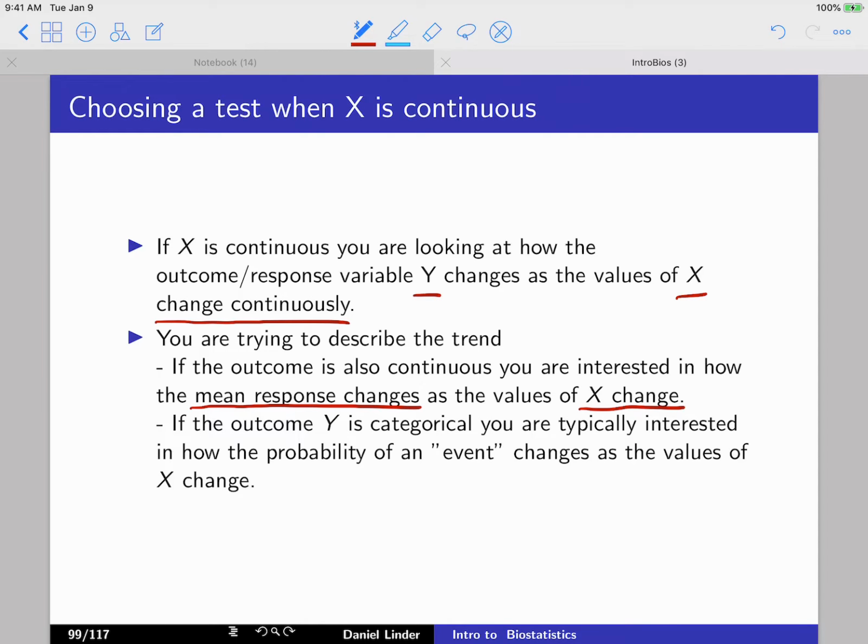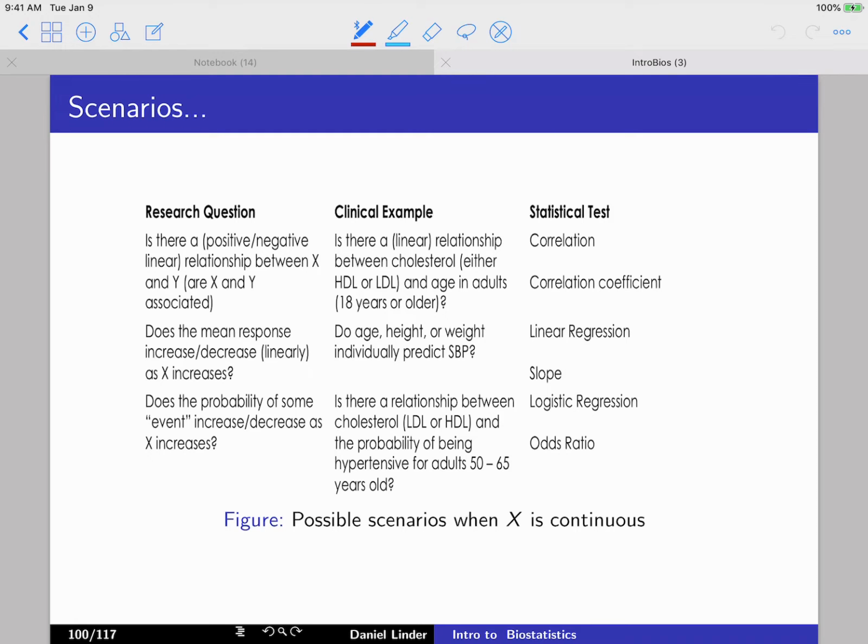If your outcome variable y is categorical, let's just say it's a yes or no for whether or not the event happened, then typically you're interested in how the probability of this event changes as the values of x change continuously. So let's look at a couple of different clinical scenarios and the appropriate tests or analyses that you could do in those specific cases.